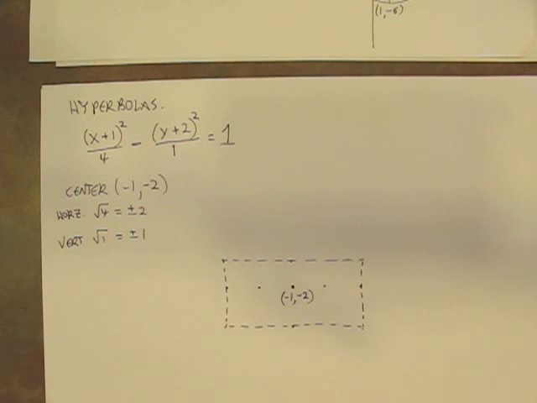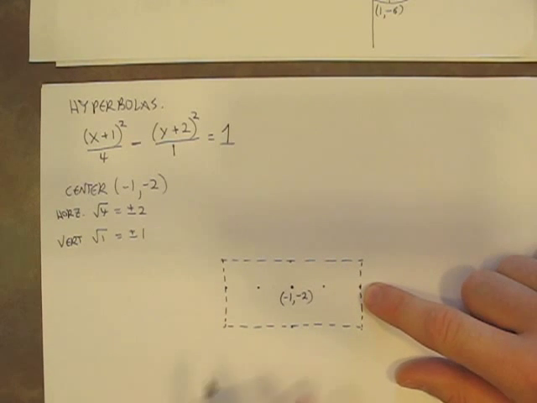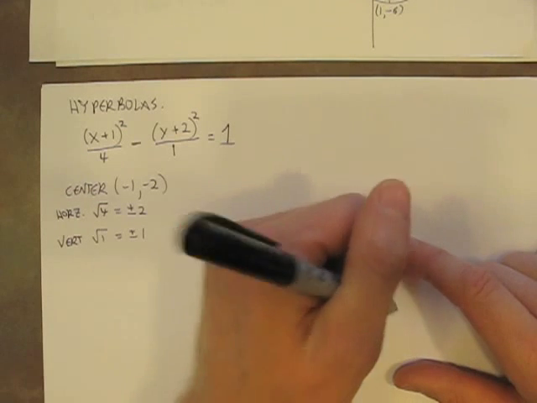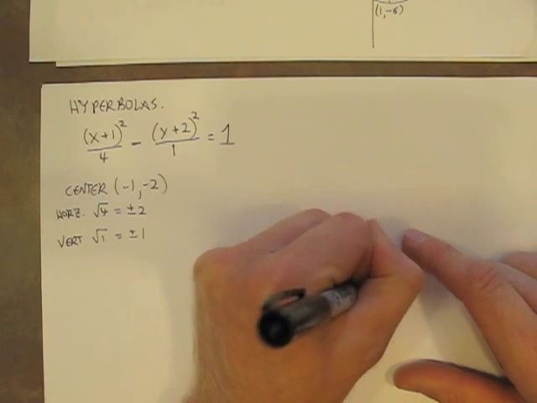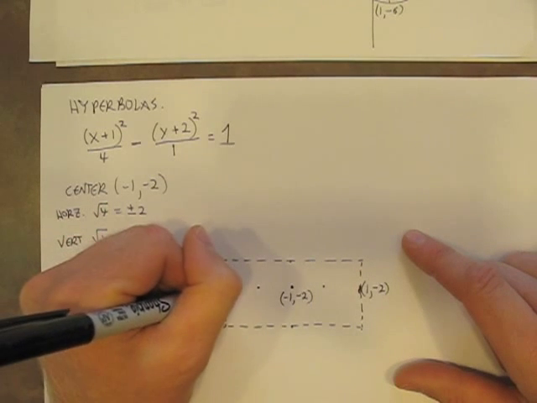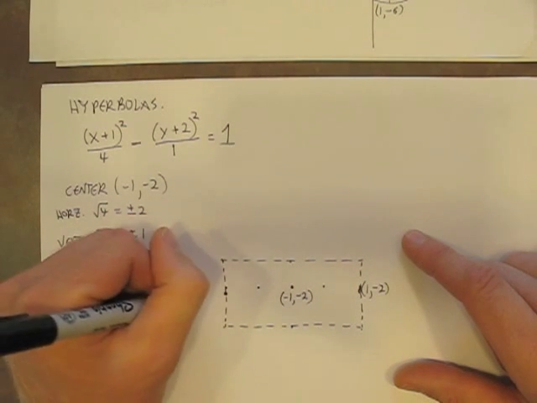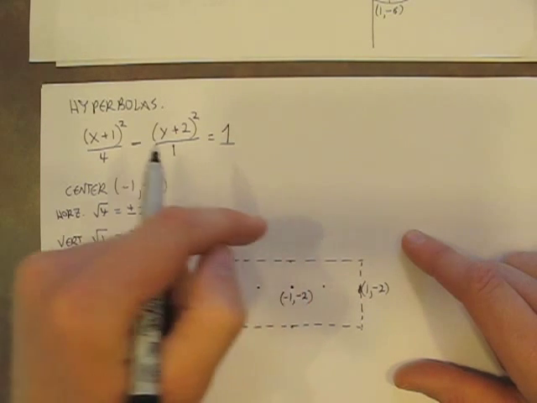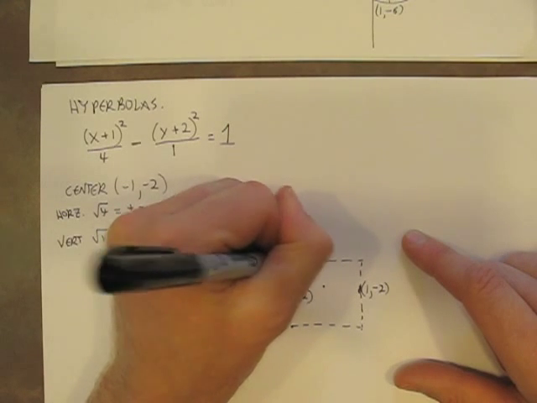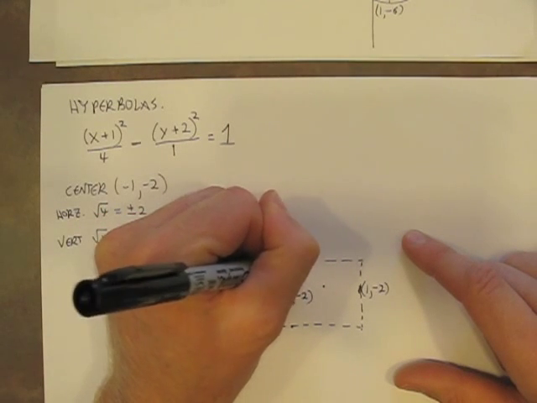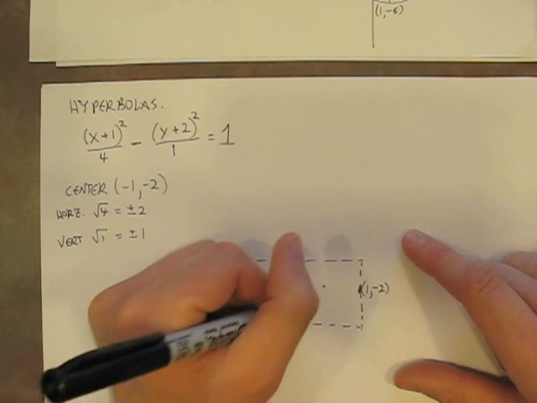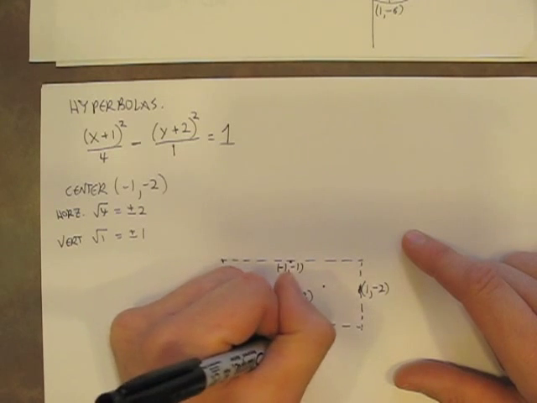And if I want to, I can figure out this point here is going to be 1 comma negative 2. This point here is going to be negative 3 comma negative 2. This point here is going to be negative 1 comma negative 1, and this point here is going to be negative 1 comma negative 3.